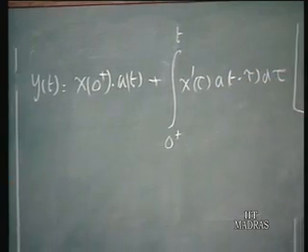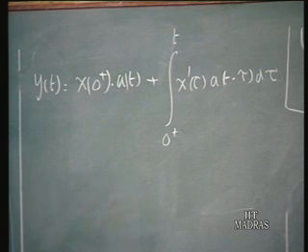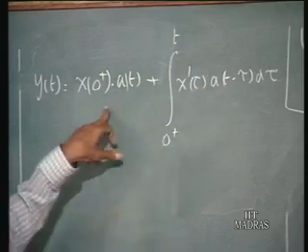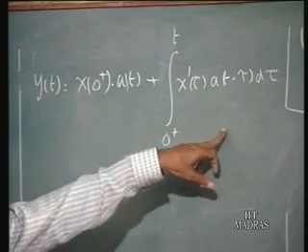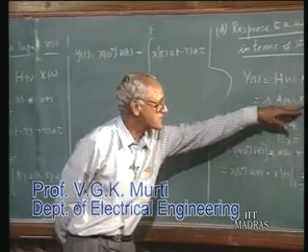That's what you have. That means your response to any arbitrary input x(t) can be obtained if you know the indicial response or the step response. You can find it out in this manner. This comes, of course, from this Laplace transform s A(s) times X(s).